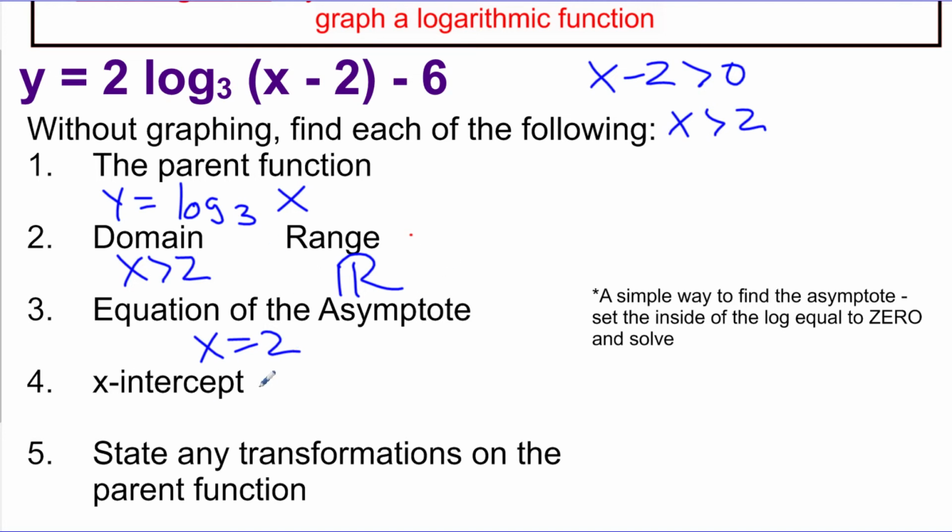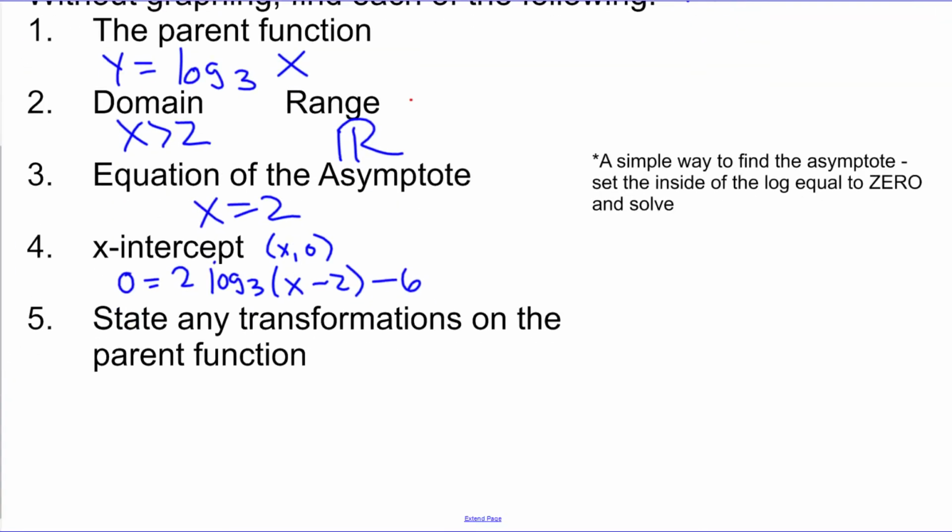Okay. Our x-intercept. How do we find x-intercepts? Well, all x-intercepts look like some x value comma 0, right? Something comma 0. So what we know is that the y value is 0. So if I write this equation, 0 equals 2 times log base 3 of x minus 2, minus 6, and I solve this, I'm going to do a lot of calculations all at once. I'm going to add the 6 over and then divide by 2.